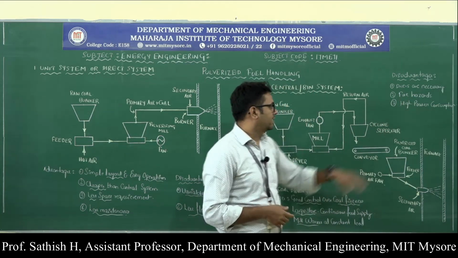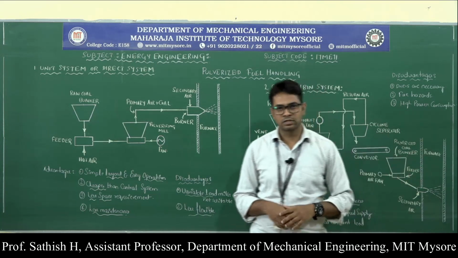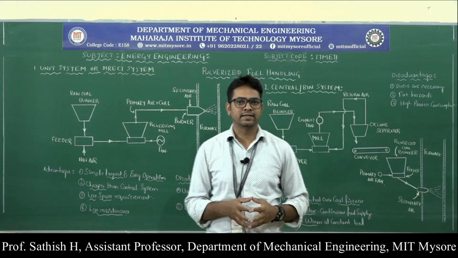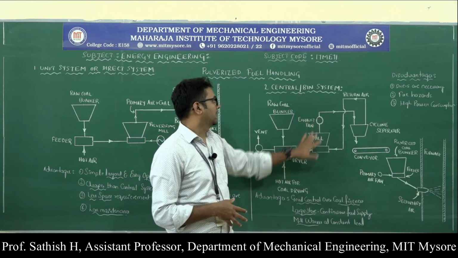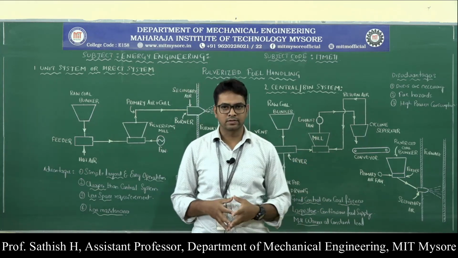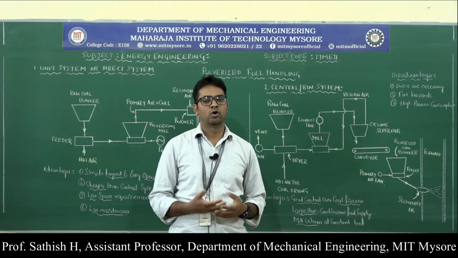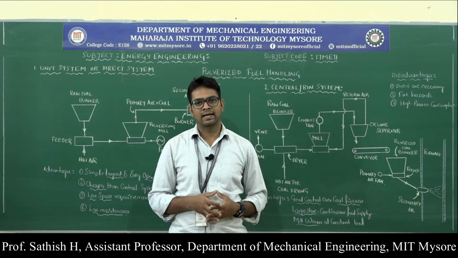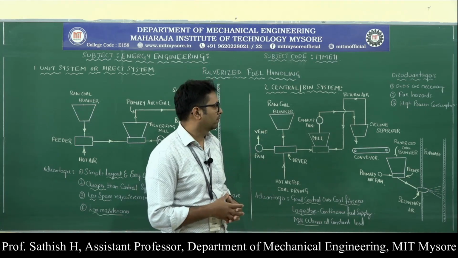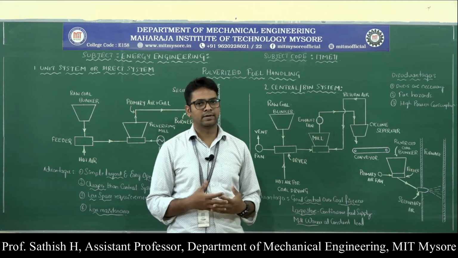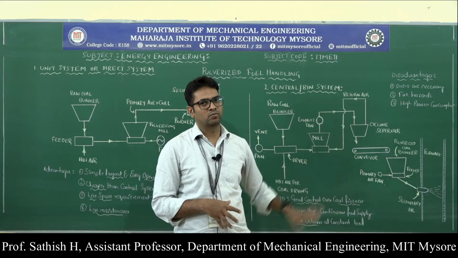And there is higher power consumption. Of course, the number of components involved in this central or bin system is more, so obviously, to supply the electricity, we need more power, so power consumption in this case is more.